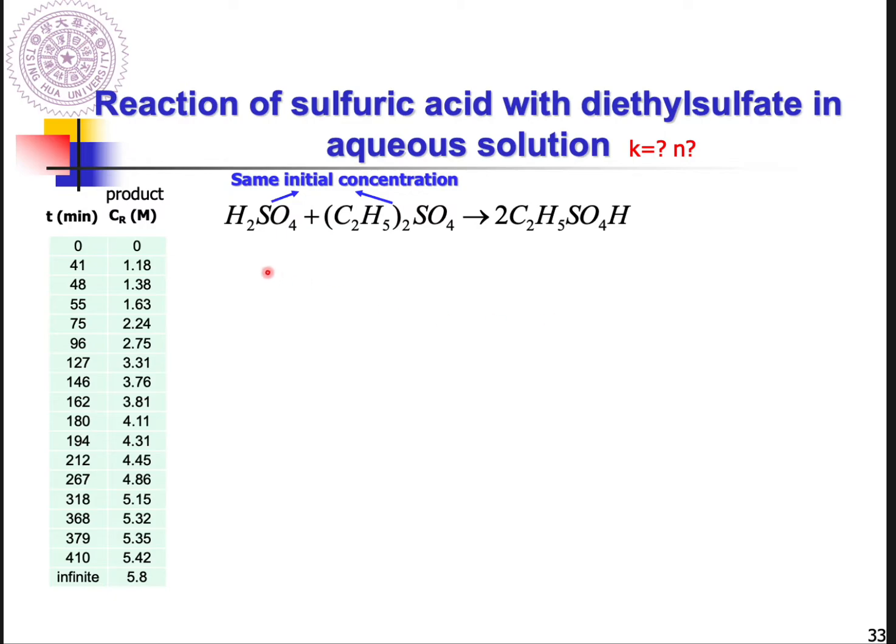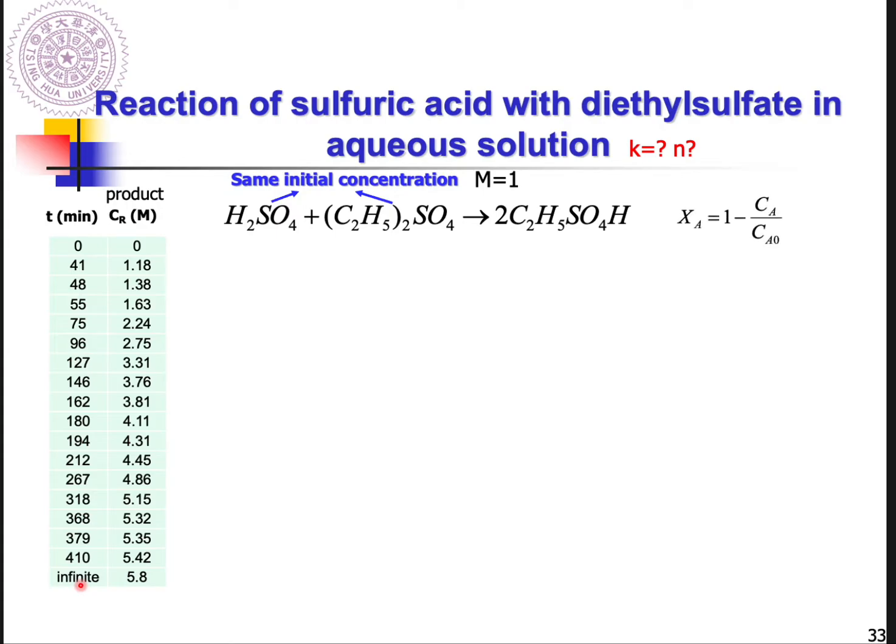So now we have sulfuric acid reacting with diethyl sulfate, and then it will generate this product. And we assume the initial concentrations of the reactants are the same, so we know m equals 1. For this experiment, we measure the concentration of products as a function of time, from time 0 to infinity.